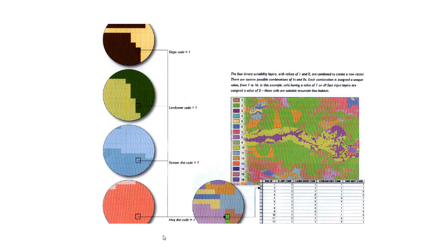We talked about the cell value as being really critical to suitability. So when we're doing suitability, we're less interested in the full map page or raster extent.